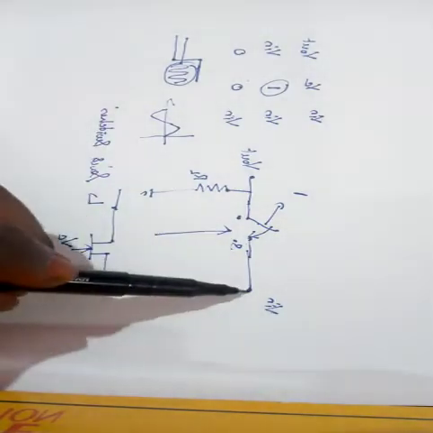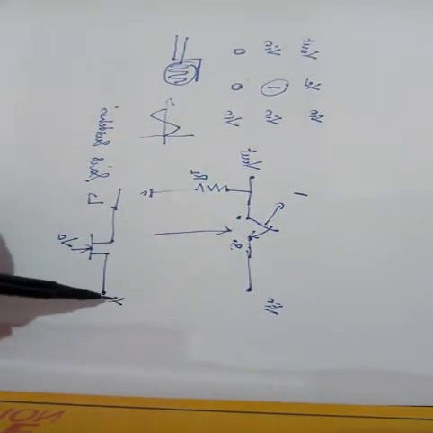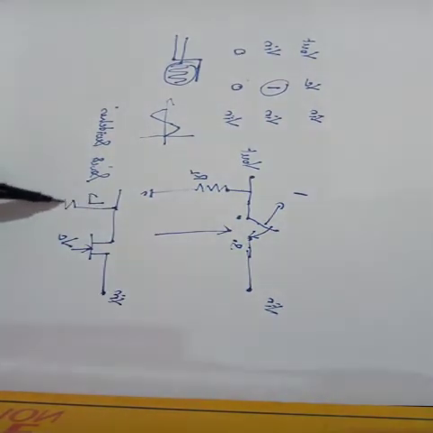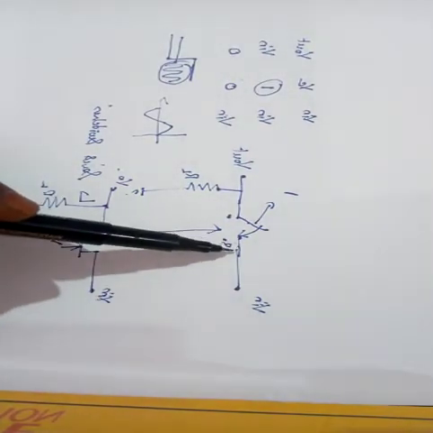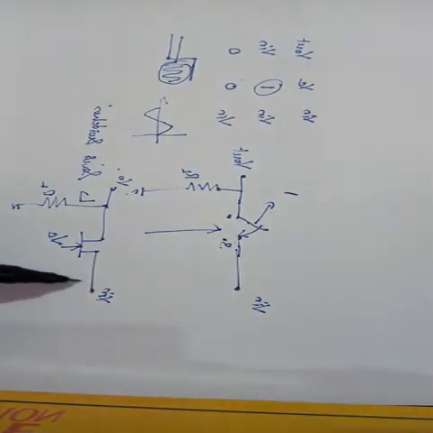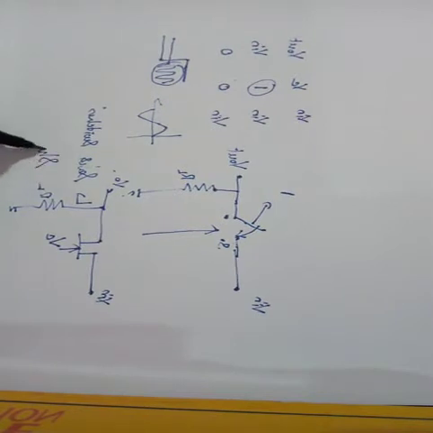See that V in is directly connected in series fashion to the switch. That is V in, that is your RL, that is your V0. Suppose I make the switch shunt to the input voltage, then such a kind of switch is called a shunt switch.